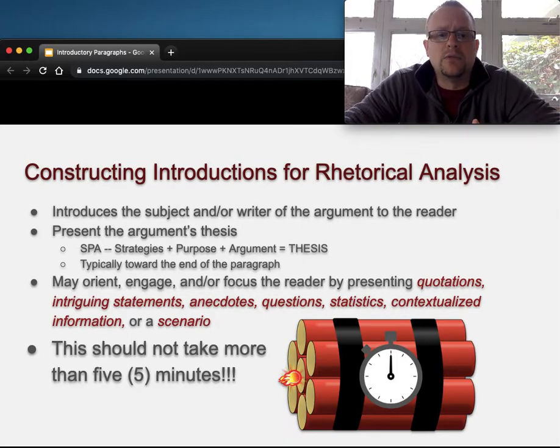Since it's rhetorical analysis, we would be looking here at a SPA, where we have strategy and purpose and argument equals that thesis. That's really like our training wheel, our building block, and that thesis is towards the end of the paragraph. What has started to happen for some of us, and there's nothing wrong with it at all, is that our thesis statements are going beyond this, where we might have multiple sentences being the thesis, like a compound thesis, and that's perfectly fine.